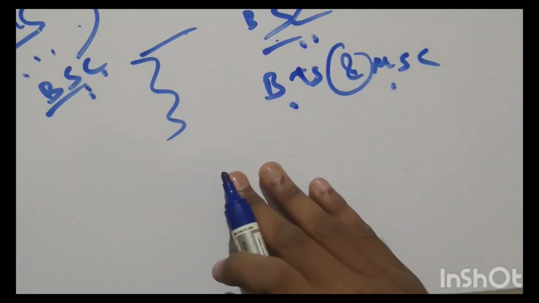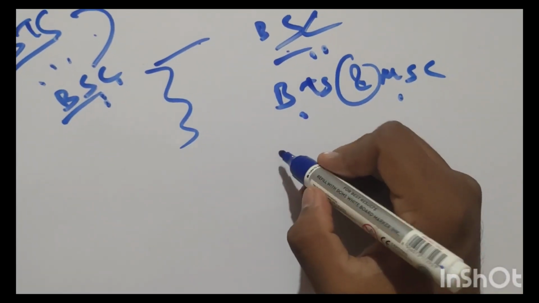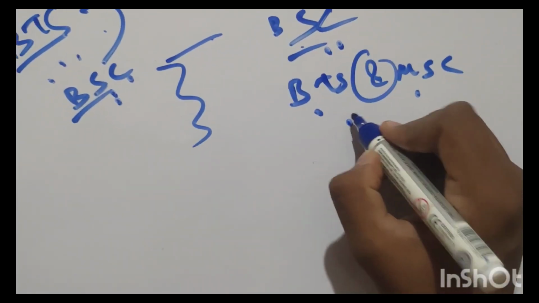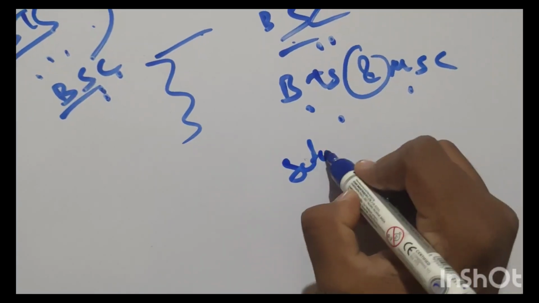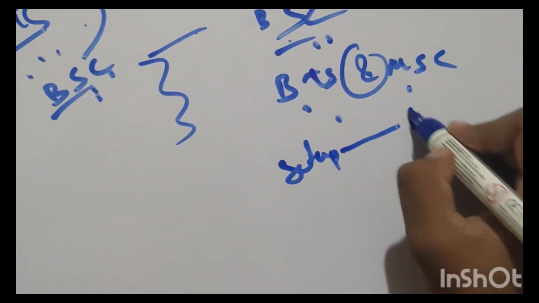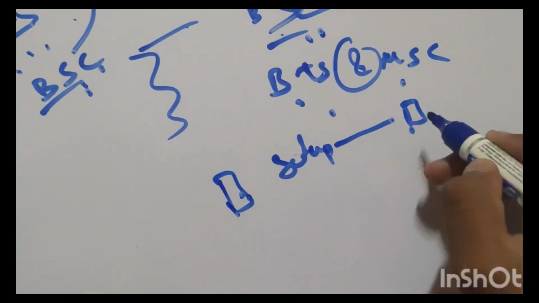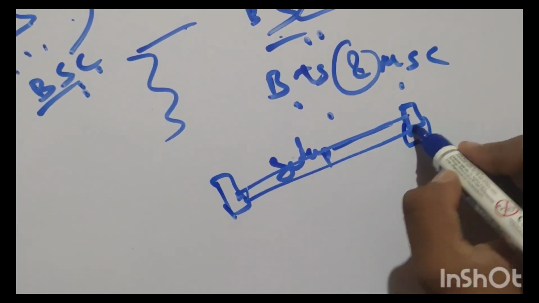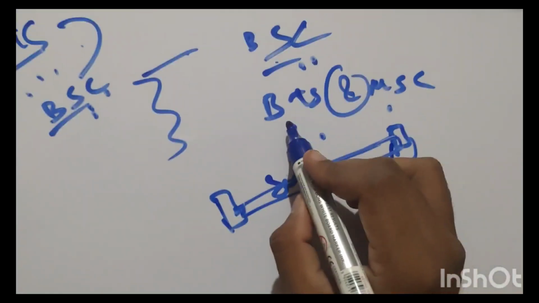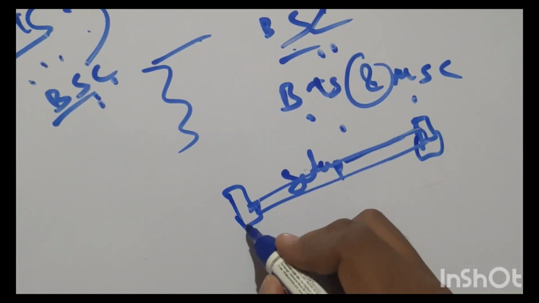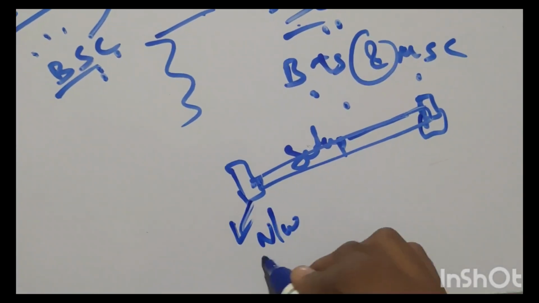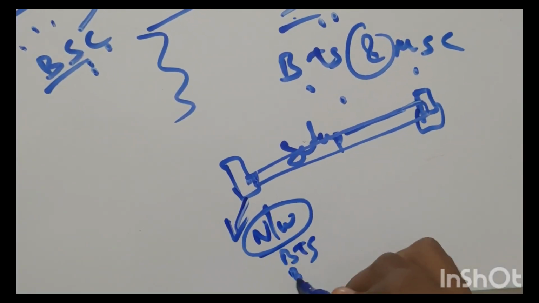So let us see how this function will go on. The BSC is responsible for handling the setup and release of the connection between mobile phones. The setup is done from one mobile to another mobile. The channel is done. Now the BSC's duty is, if you are moving from one network to another network, like from one BTS tower to another BTS station.